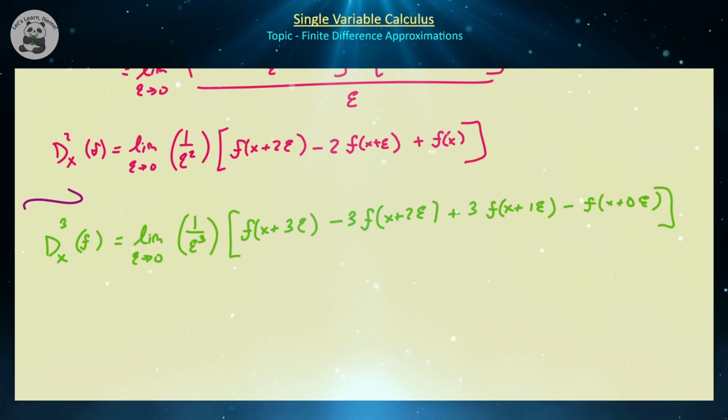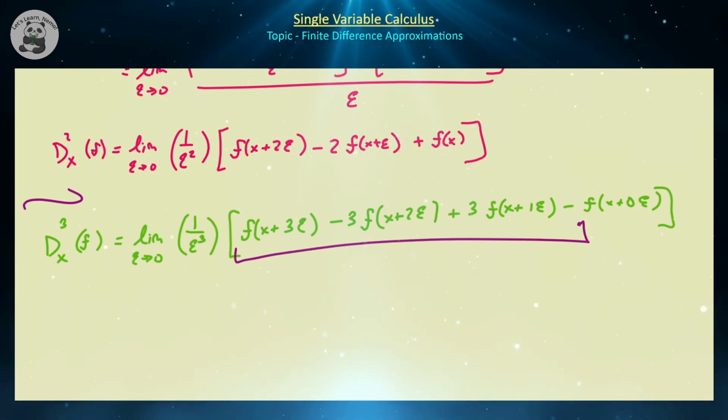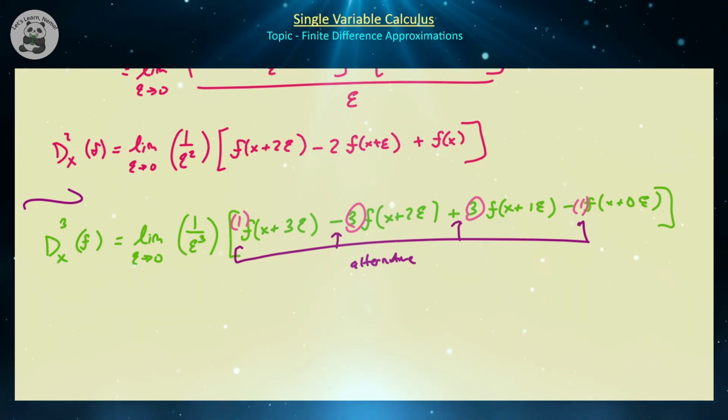The first thing you should be able to see is that these signs are alternating: plus, minus, plus, minus, and so on. But what about their values? For example, notice we have 1, 3, 3, and 1. One can show that those are actually binomial coefficients.